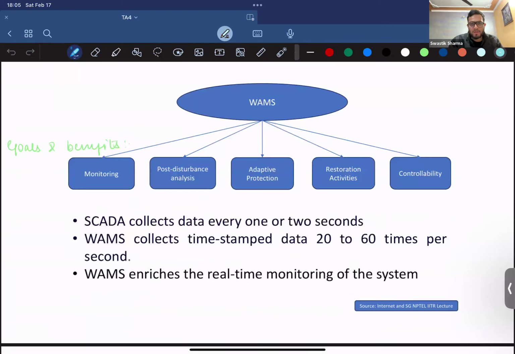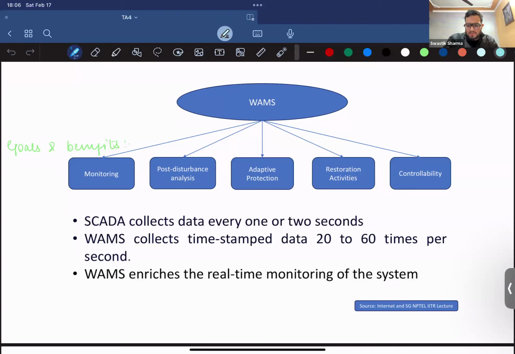So why do we need to monitor our system? We have a large amount of loads dispersed across different corners of the power system, right? So we need to monitor and prevent their loss, because if, let's say, due to generation blackout, there is a huge amount of cost associated with it.